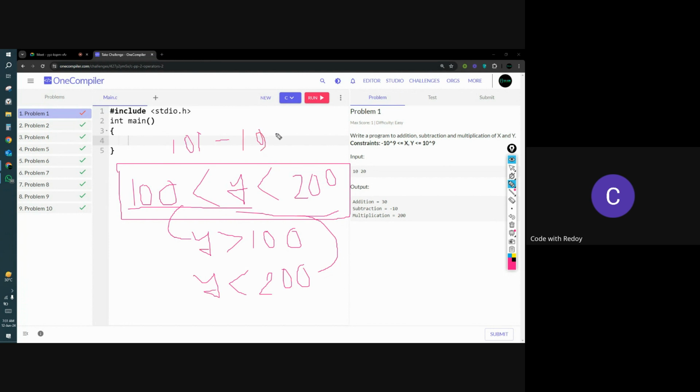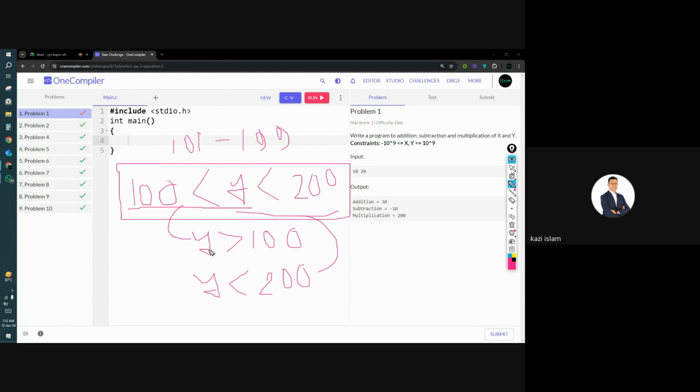So it's a number itself, specifically. The value is bigger than 100 and less than 200. Bigger than 101? How?